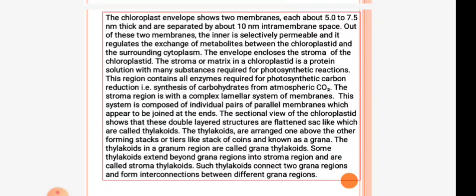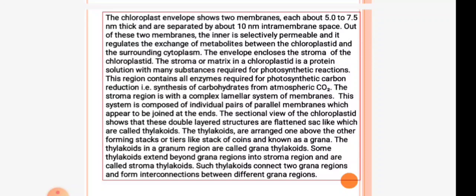The stroma in the chloroplastid is a protein solution with many substances required for photosynthetic reactions. This region contains all enzymes required for photosynthetic carbon reduction, that is, synthesis of carbohydrates from atmospheric CO2. The stroma region has a complex lamellar system of membranes.